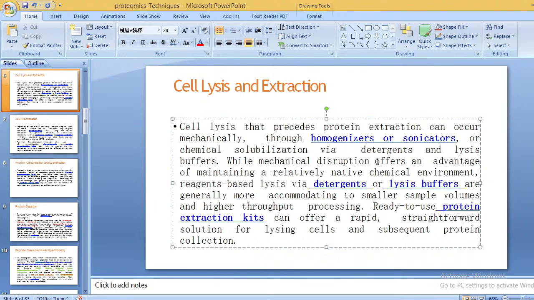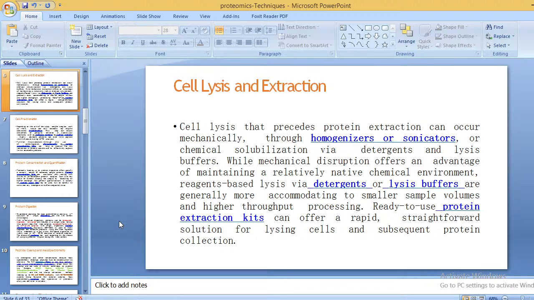While mechanical disruption offers the advantage of maintaining a relatively native chemical environment, reagent based lysis via detergents or lysis buffers are generally more accommodating to smaller sample volumes and higher throughput processing. Ready to use protein extraction kits can offer a rapid, straightforward solution for lysing cells and subsequent protein collection.